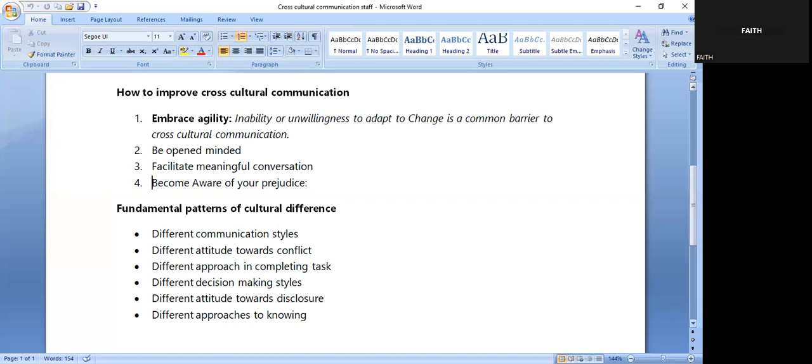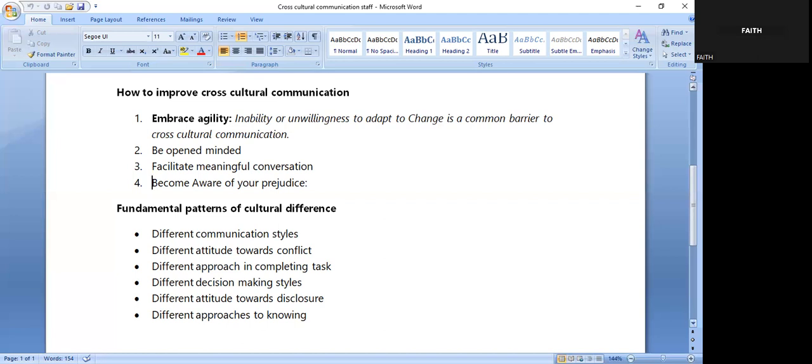But more often than not, males do not really care so much about it. So when you find people who don't disclose, as a cross-cultural communicator, you don't take it too seriously. It may just be that the person's orientation is that you don't disclose yourself.